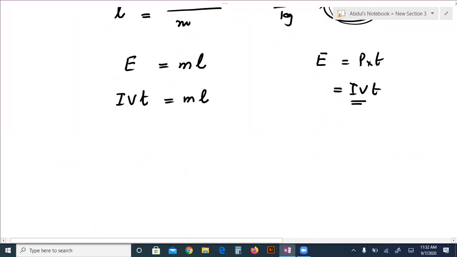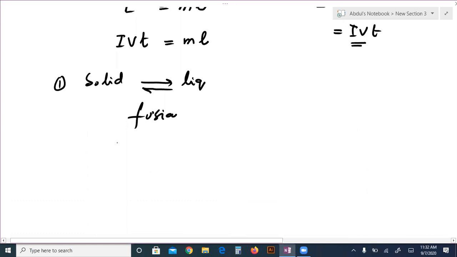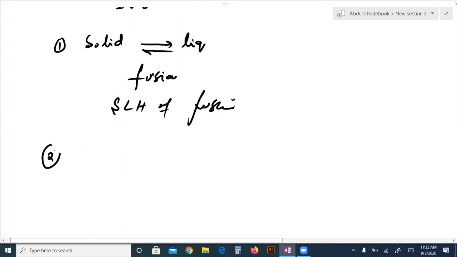Now, there are two changes in state. Number one is between solid and liquid. Solid to liquid or liquid to solid, and this is called fusion, and the specific latent heat of fusion. And number two is between the liquid and the gas, or gas to the liquid.